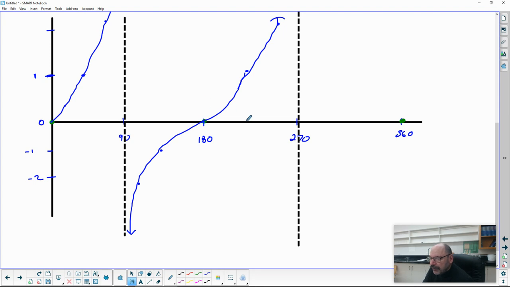And then this one, okay, so this one's here, this one's probably going to go from here downwards rather than upwards, because these kind of follow the same pattern. So let's check out between 270 and 360.